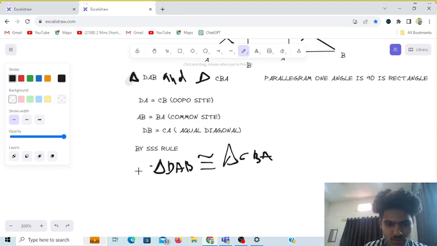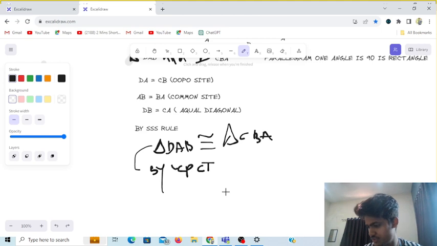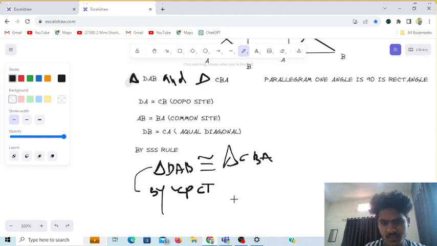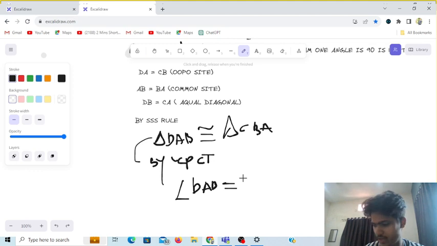Then we can also write by CPCT rule, as you know, by CPCT rule, we can write that angle DAB is equal to angle CBA.